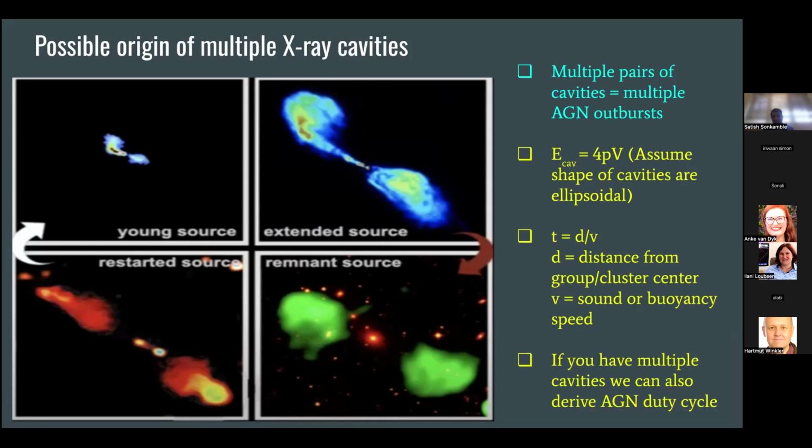And if you know the distance from the center of a cavity, you can easily find out the time. These cavities move in the ICM or IGM buoyantly, with the speed of sound. And this particular cavity is also helpful to study the AGN duty cycle of radio AGN.